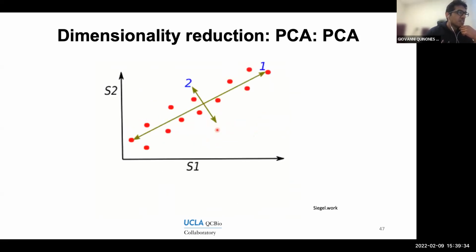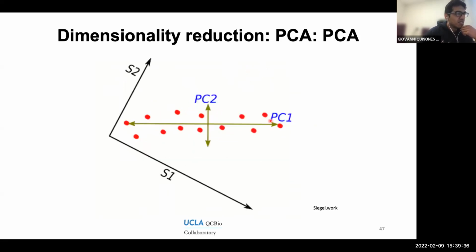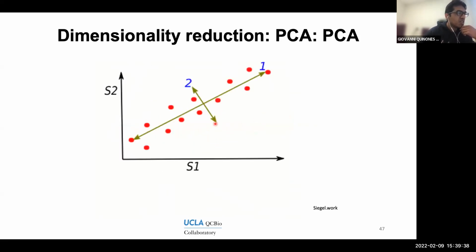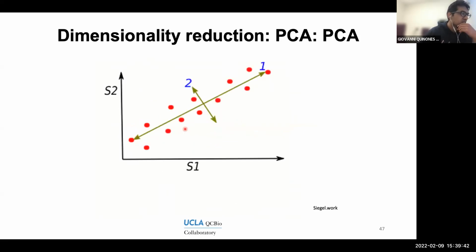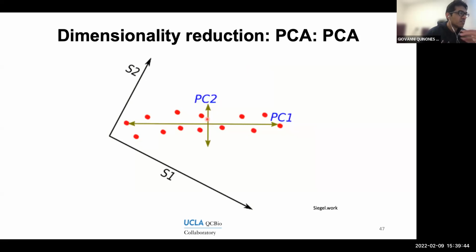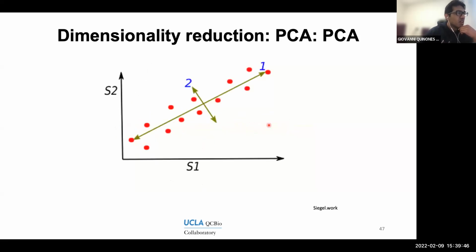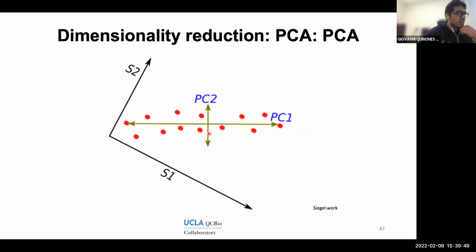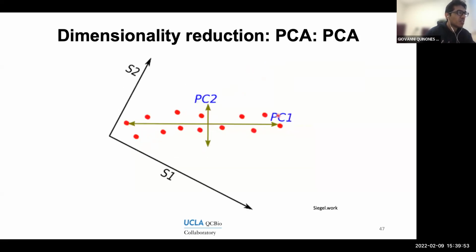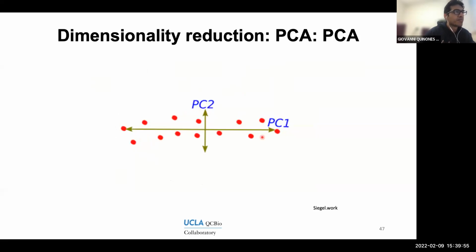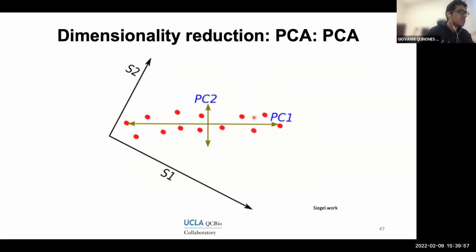And similarly, as in the example before, you see that PC1 captures most of the trends of the points, most of the relative position, and PC2 captures a lot less. So if we were only to consider PC1, then we'll still have a good percentage of the original variance.